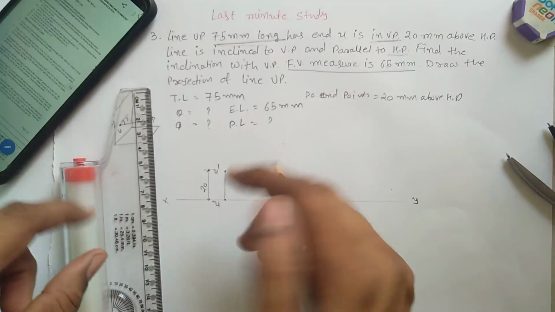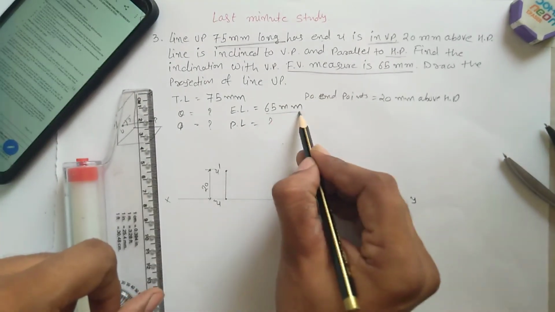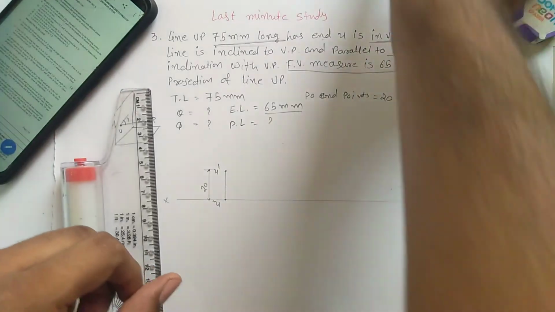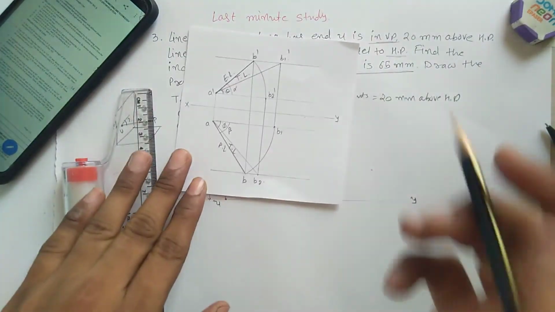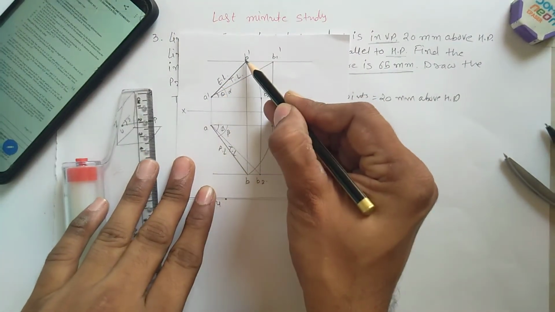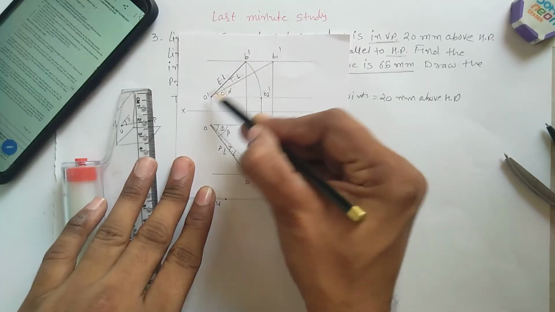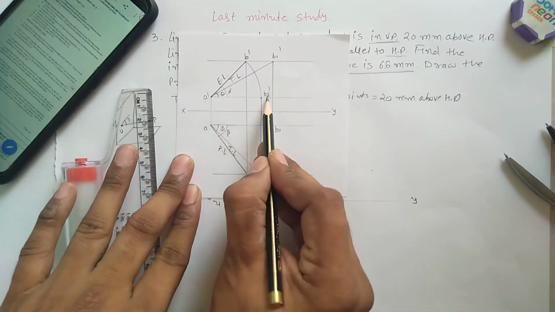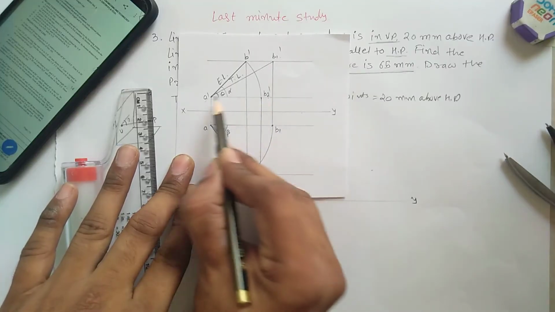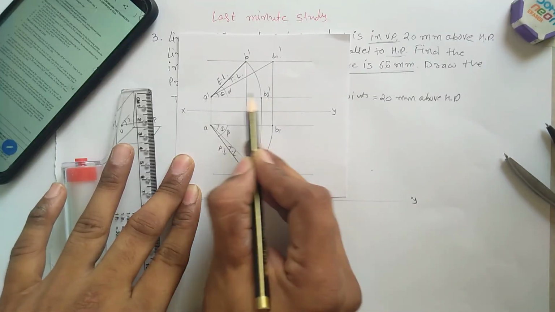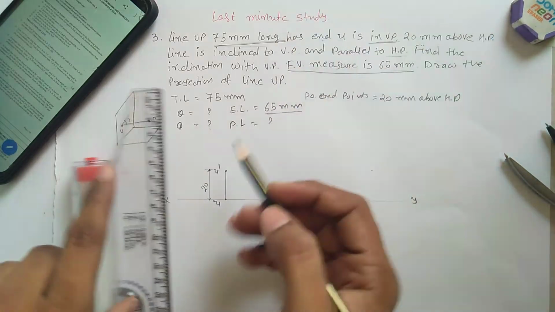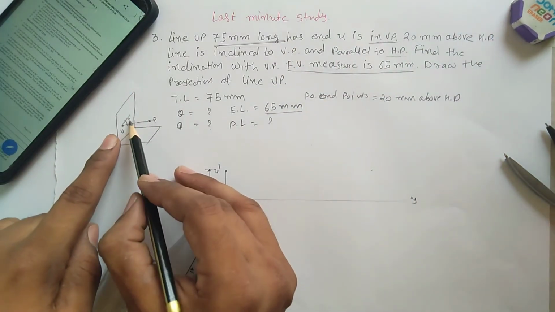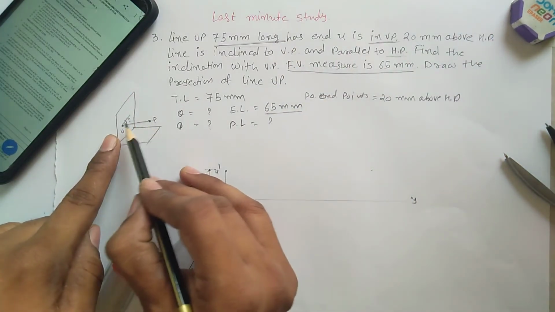Now we are going to use this elevation length. As you can see, in standard practice, elevation length is this, A dash B dash. If you project this point over here, you can see A dash B1 dash, A dash B2 dash is also elevation length. Here they say this line is inclined to VP and parallel to HP.